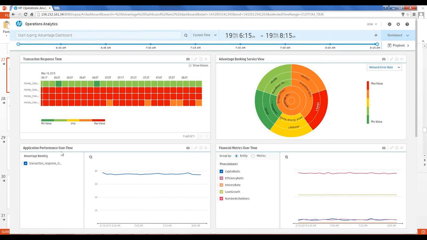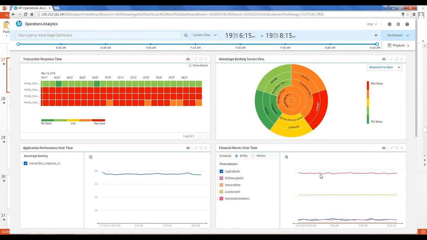She has the application performance over time. Knowing her application, she knows that these are high values. Also, she can see network error rate and also non-IT data that she brings into Operations Analytics. This is finance data, finance metrics, like the interest rate, loan growth, etc. All kinds of finance metrics.